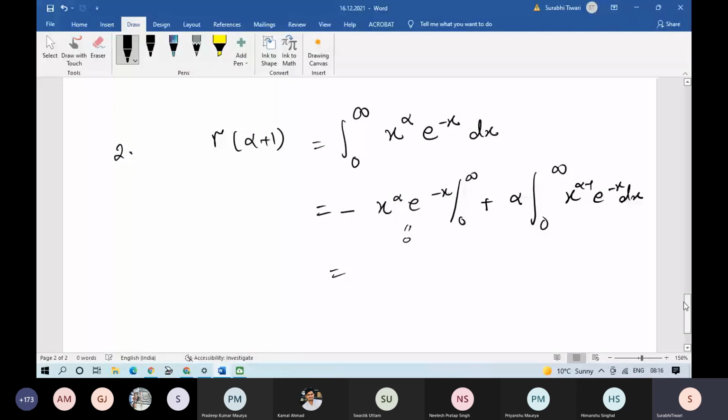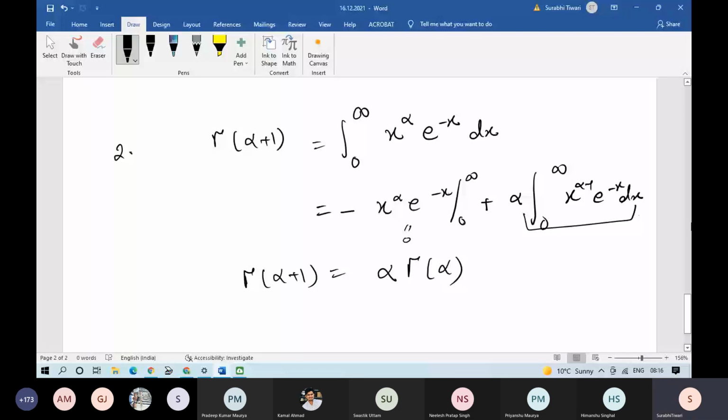So what you get, alpha times, now what is this integral? This is again gamma alpha. So this is what we have used in solving the integrals previously. Gamma of alpha plus 1 is alpha gamma alpha, where alpha is any real number.